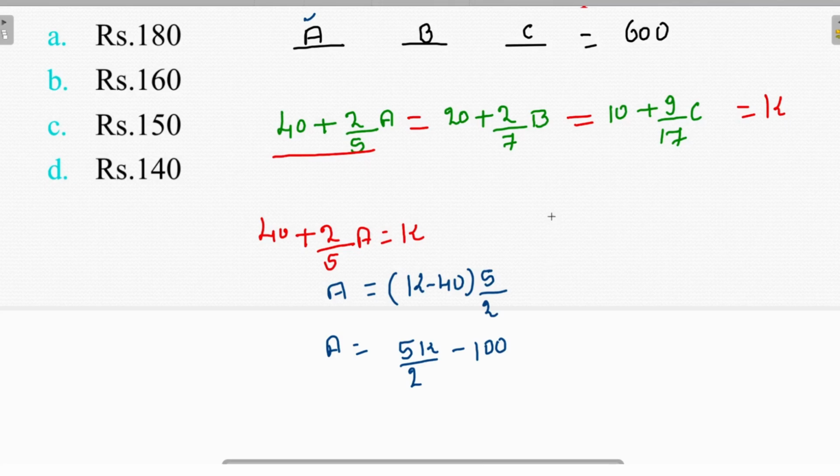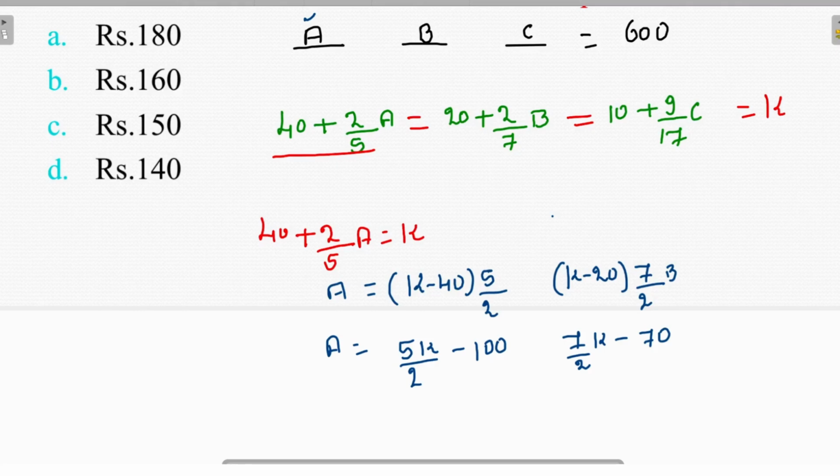Same thing I can write for B. What can I write? I want B, means K minus 20, 7 by 2B. Now I can write this equation, 7 by 2k minus 140 by 2 will be 70.